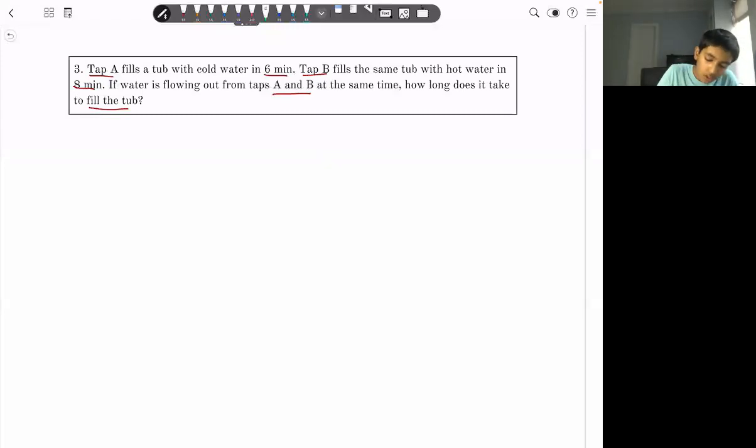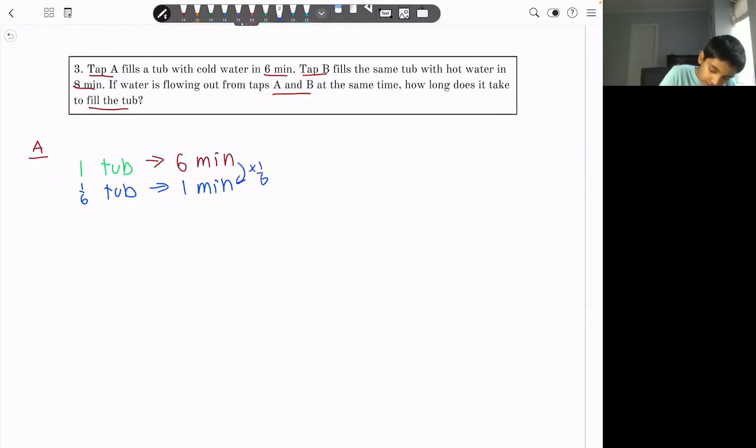So the whole tub, one tub, like this is tap A. So one tub can be filled in 6 minutes. That means that in just 1 minute, you can only fill 1/6 the tub. Right? Because we're multiplying by 1/6 to both sides.